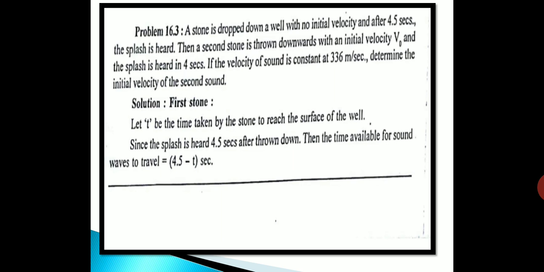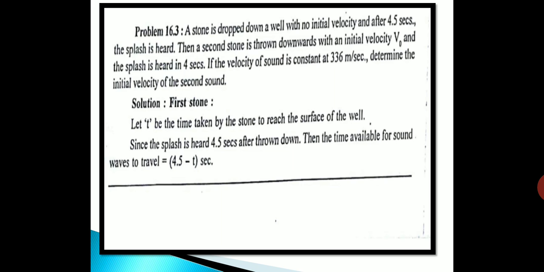Now, let small t be the time taken by the stone to reach the water surface, that is the first path. Then the time available for the sound to come from the water surface to the top can be written as 4.5 minus t, because as I told, the entire process takes place in 4.5 seconds.